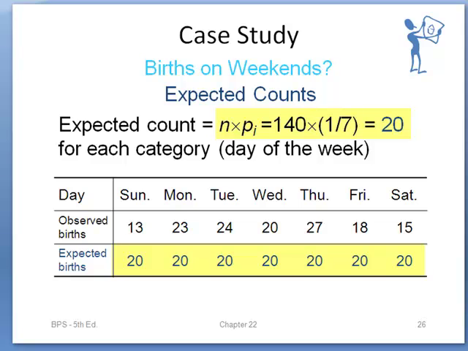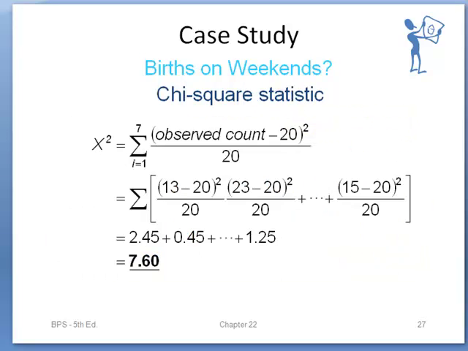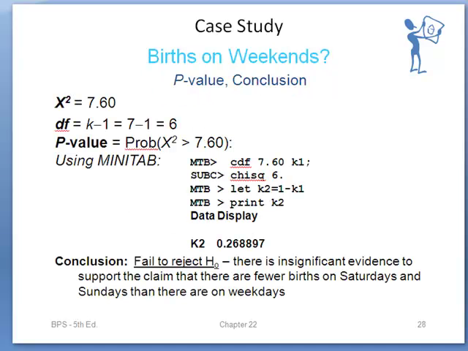That's how we get these expected numbers of births for each of the categories, since the probabilities are all the same for each day of the week. That's what we're assuming. So we take those observed counts minus 20, square that value, and divide it by 20. We do it for all 7 days of the week, and we get our test statistic of 7.60. Make sure you can do it and that you can get 7.60.